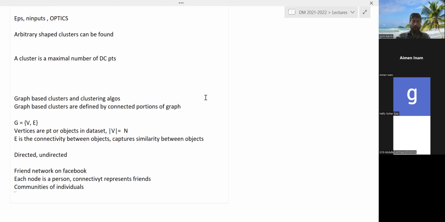Okay. So in this case, of course, the edge is undirected. So if X is a friend of Y, Y is also a friend of X.